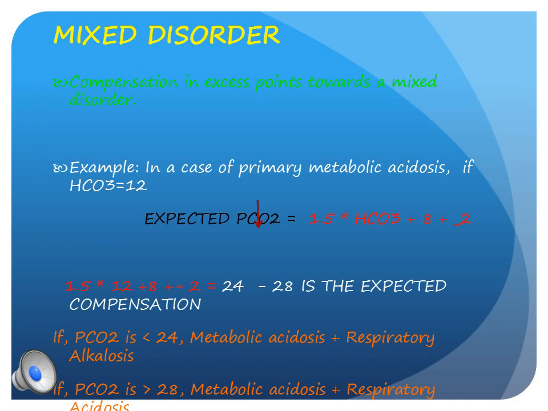And if the PCO2 is less than 24, we have a metabolic acidosis and a respiratory alkalosis. And if the PCO2 is more than 28, we have metabolic acidosis plus a respiratory acidosis.